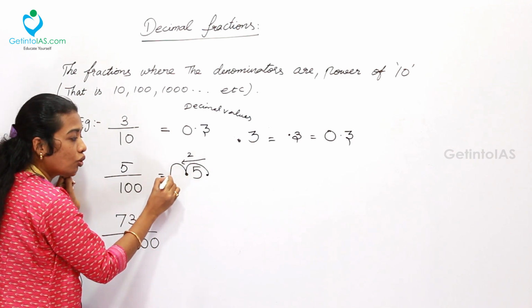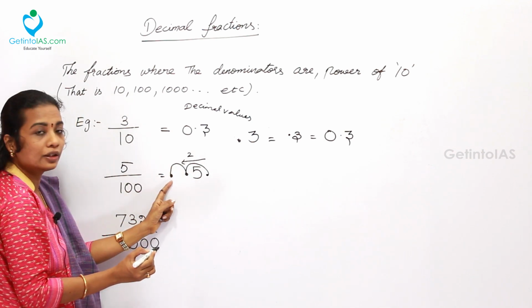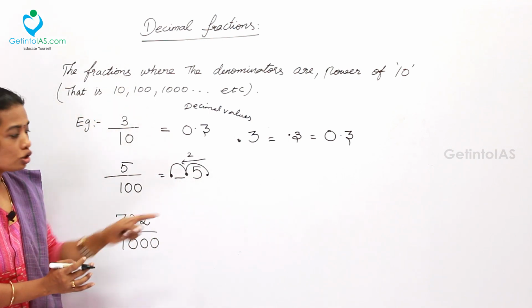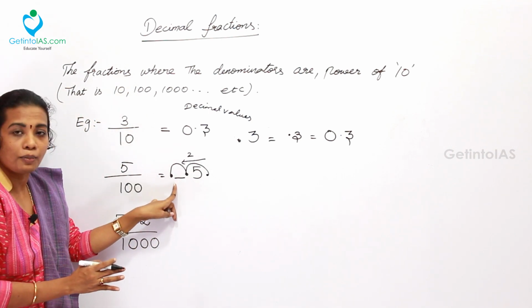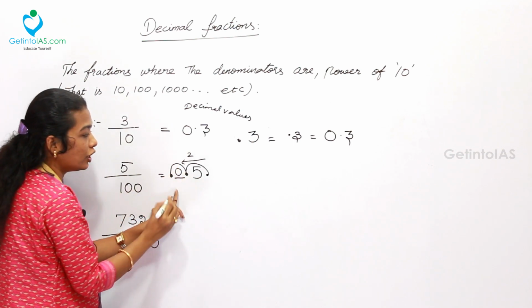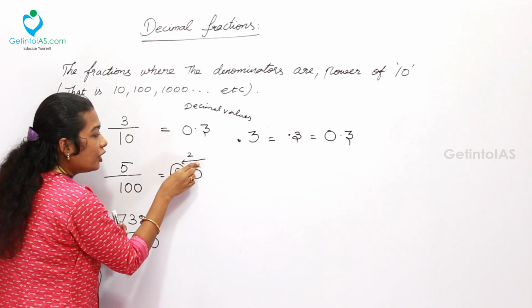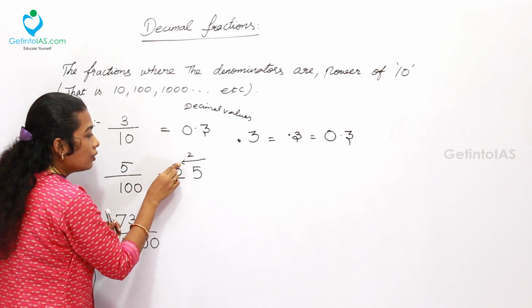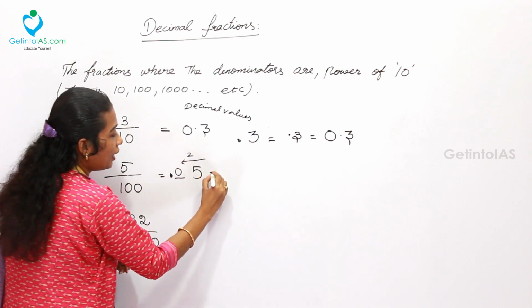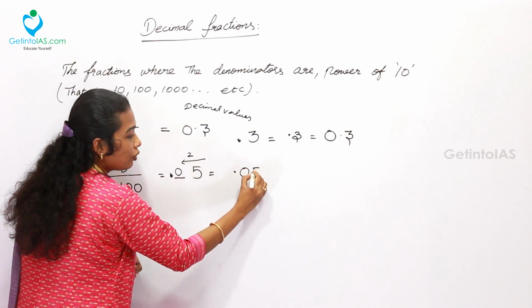For the other digit, there is no digit at all, so I make the dot over here. 2 places moved. Here I can include 0, and after putting 0, I can remove the previous dots. So now it is 0.05.